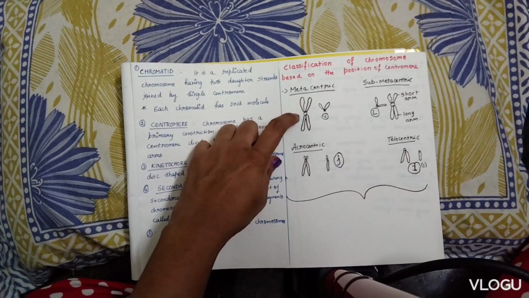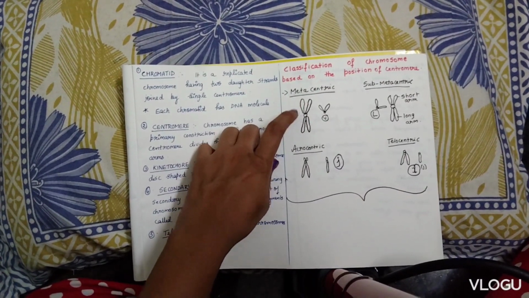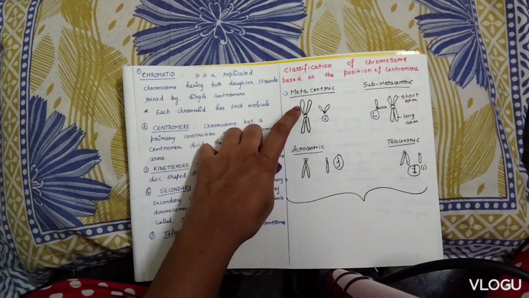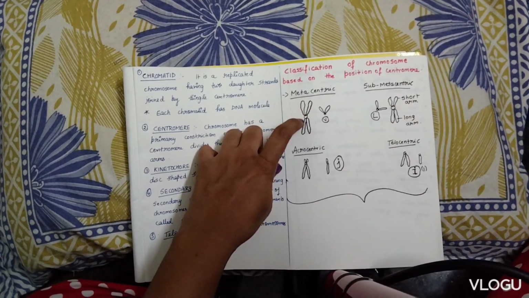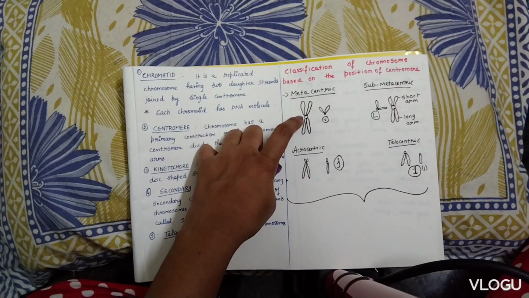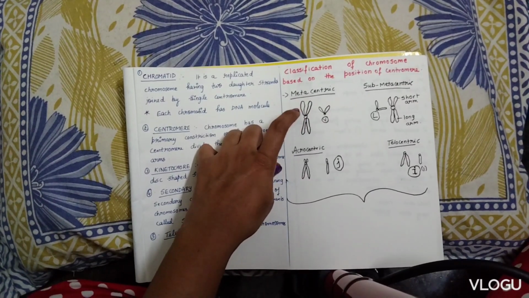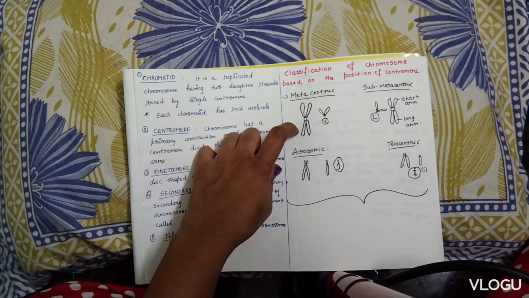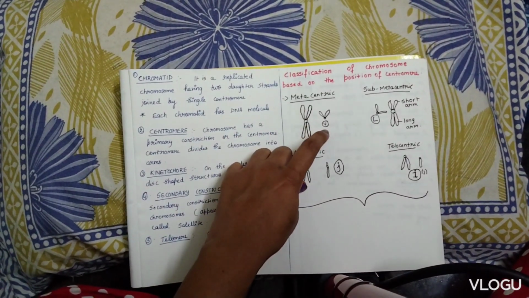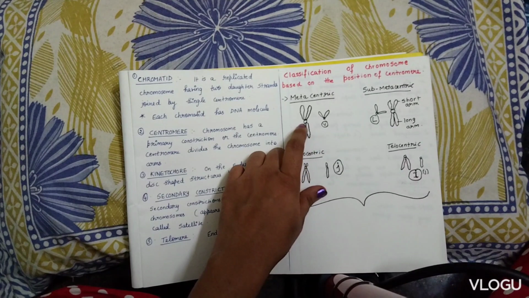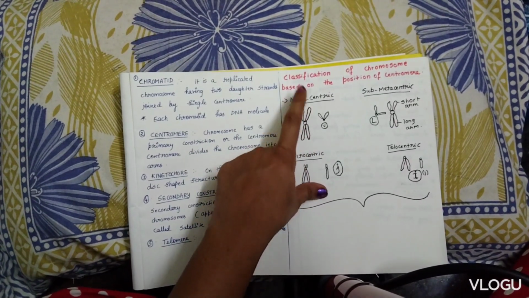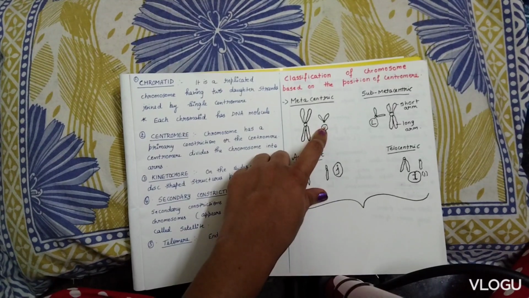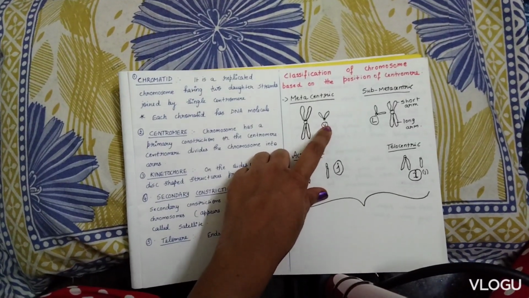Here you can see the chromatids have equal size. They look similar, both chromatids. So the centromere is placed in the middle. During anaphase, when these chromatids get separated, it attains a V shape. This is very important.